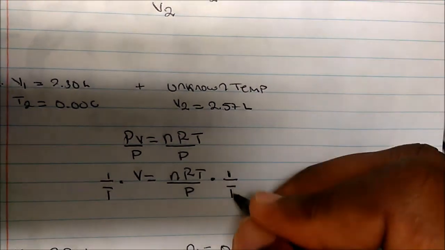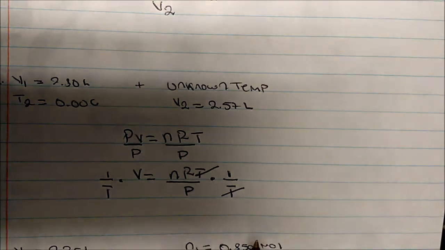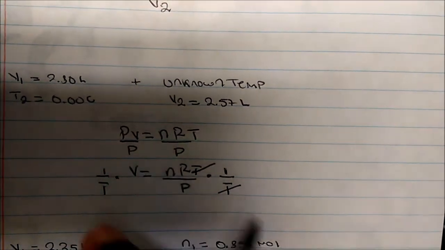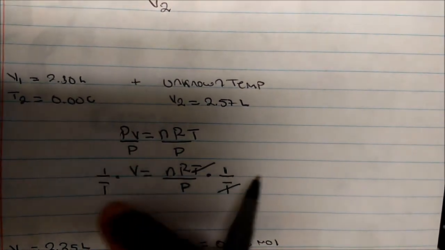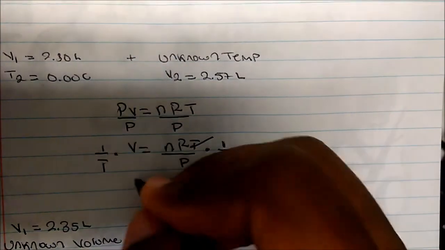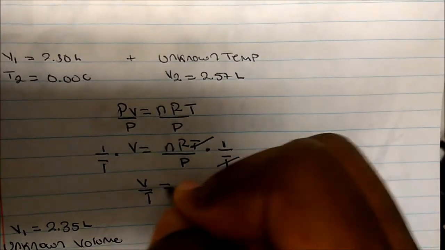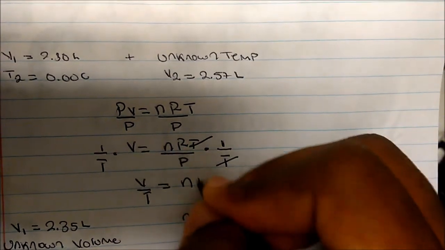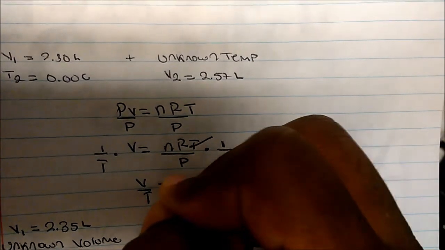They're being multiplied, so those will cancel. Okay, and notice that 1 over anything is just 1 over it. So this will just simplify to V over T. So therefore, in this case, we're going to get V over T to be equal to nR divided by P.